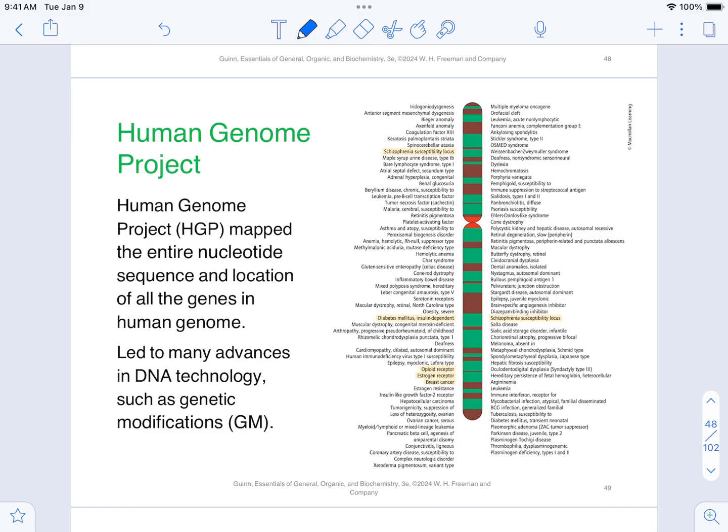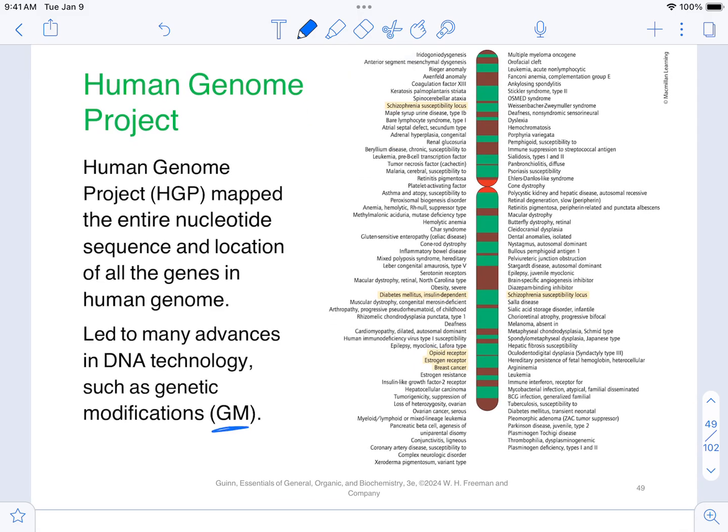And this helped us greatly with many different advances in technology, such as genetic modifications. These genetic modifications, these GMs we call them, they're used in foods to get better crops, bigger crops. They're used in medicines. They're used in vaccines. They're used in spraying fields for pesticides, a bunch of different things. So that's gene mapping, really important.